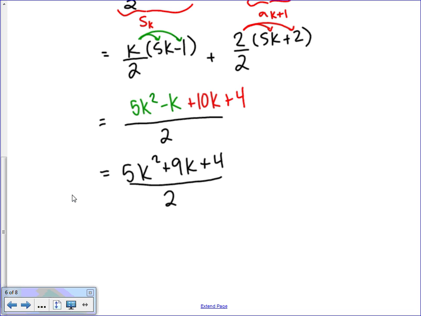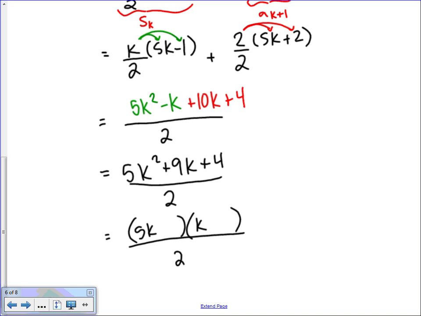And then remember, you're likely to get this trinomial, try to factor it. So we have 5k and k. And then think about factors of 4: 1 and 4 or 2 and 2. Use your guess and check method to decide which numbers are correct and where they belong.